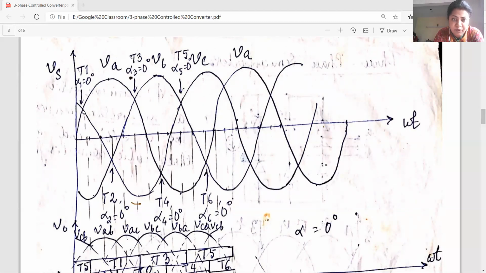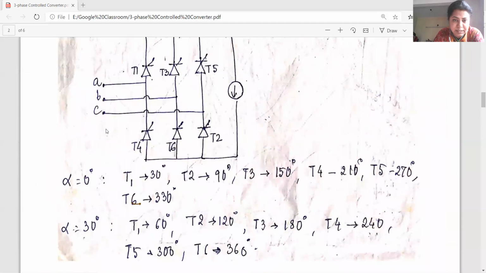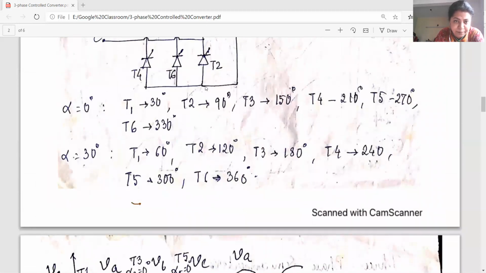VC is maximum positive means T5 was conducting before that. We see maximum positive means T5 was forward biased, if gate pulse was applied to it.